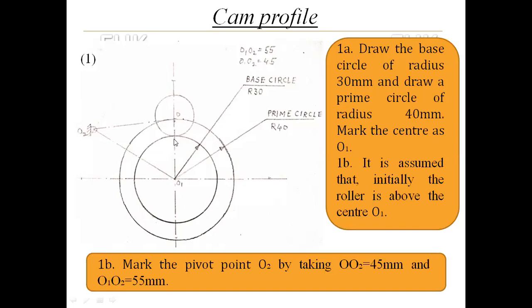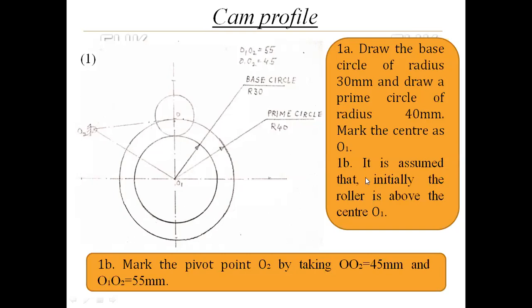So 30 mm radius of base circle plus 10 mm radius of roller, 30 plus 10, will become 40. So with 40 mm in the compass and O1 as center, I will draw the second concentric circle, which is the prime circle.